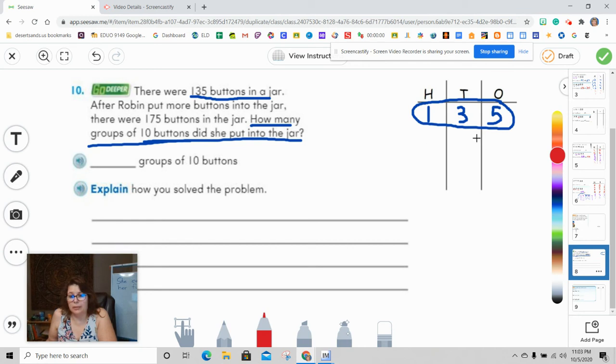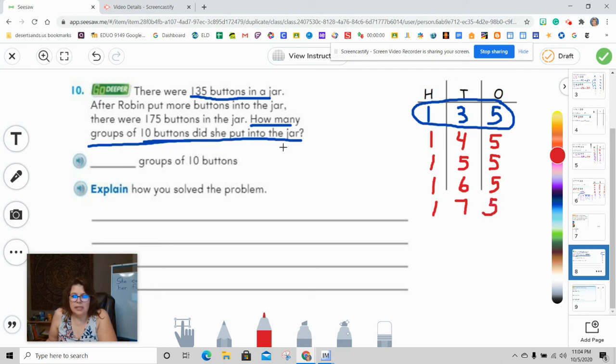So I'm going to add, see, 175. The 175 is where I'm going to stop. So I'm going to add 100, and then I'm going to add 45, 155, 165, and then 175.